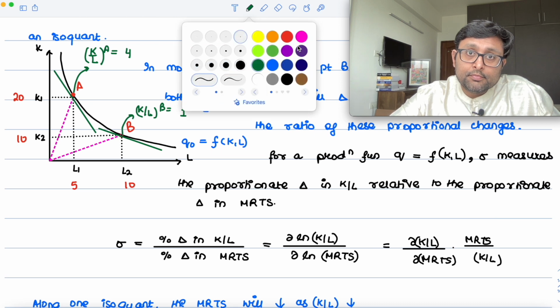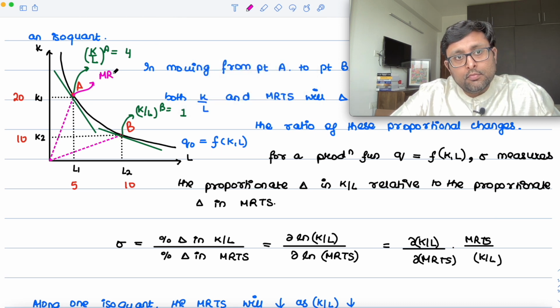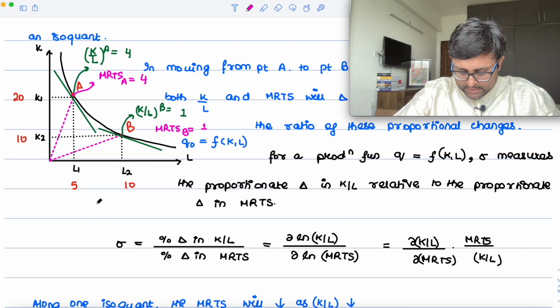MRTS at point A is the slope of this line at this particular point, which is just 20 upon 5, 4. And MRTS at point B, you can just assume it to be 1, right?